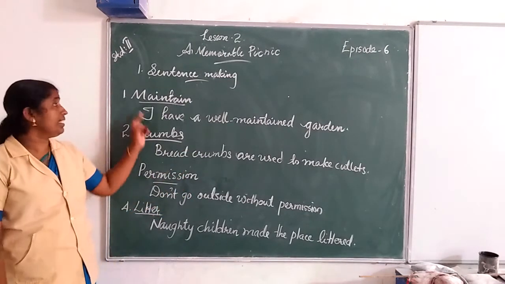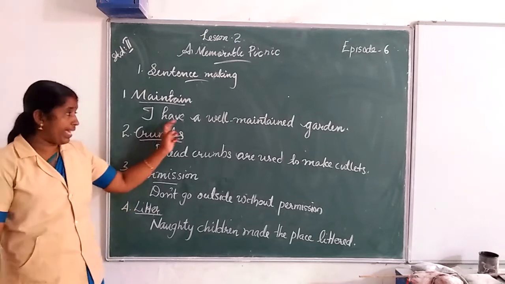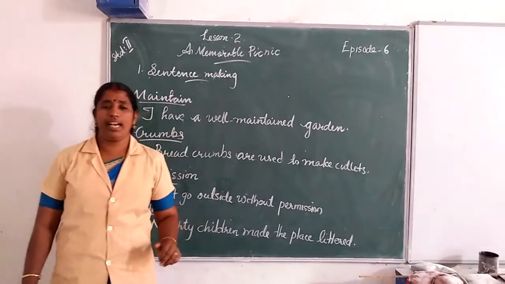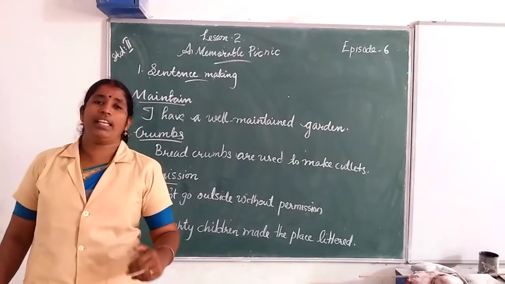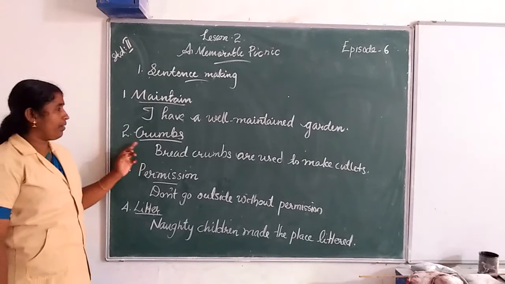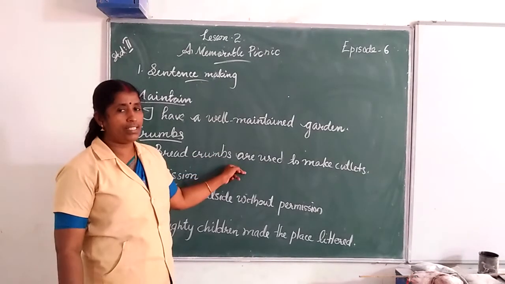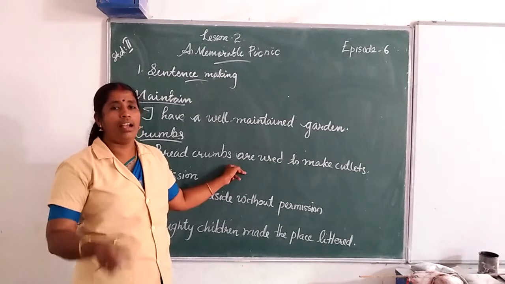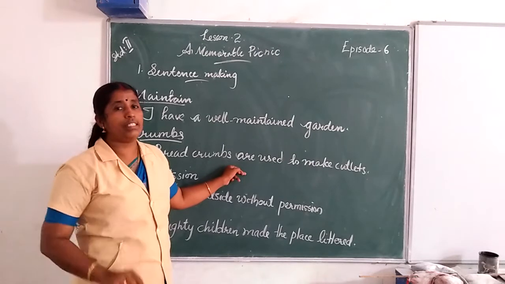I will repeat it. Please listen. Maintain means well looked after. I have a well-maintained garden. You get the meaning? Next one, crumbs. Breadcrumbs are used to make cutlets. For making cutlets, we use breadcrumbs, the small pieces of bread.